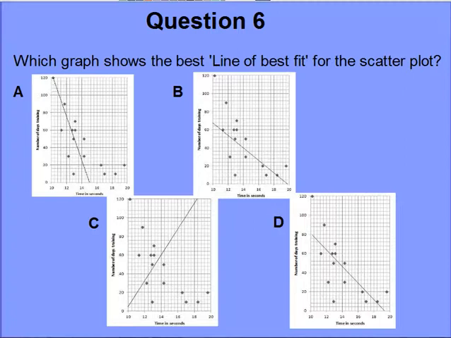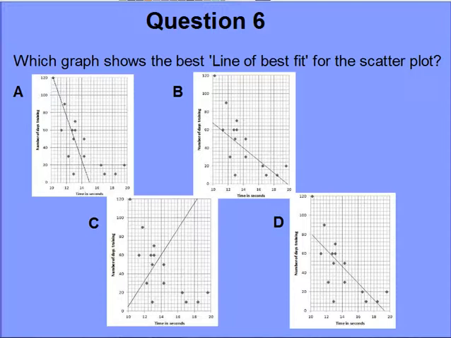I want to bring your attention to this outlier, or point that is far away from all of the others at the top of the graph. That outlier is going to cause the line of best fit to edge closer to that faraway point.